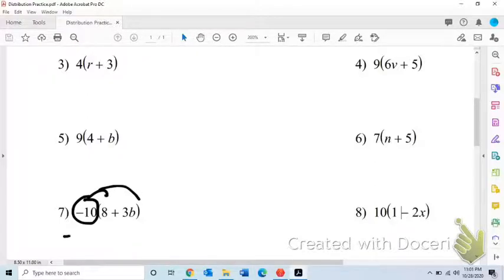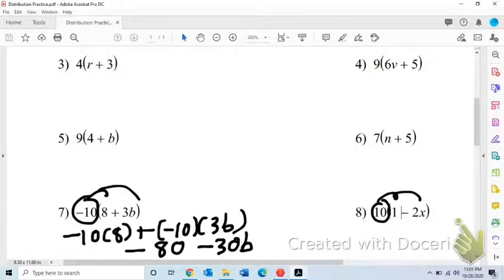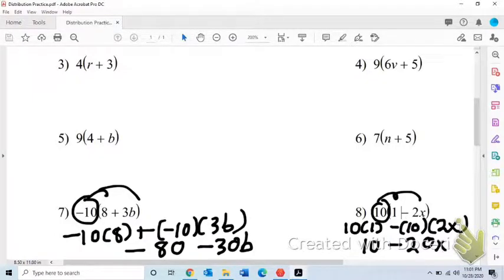So that becomes negative 10 times 8 and negative 10 times 3b. So negative 10 times 8 is negative 80, plus negative 10 times 3b is negative 30b. Distributing that 10 to the 1 and the negative 2x becomes 10 times 1 minus 10 times 2x, or 10 minus 20x.